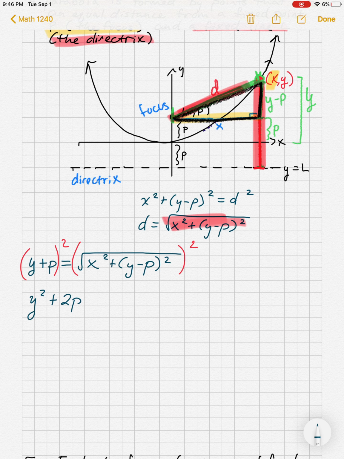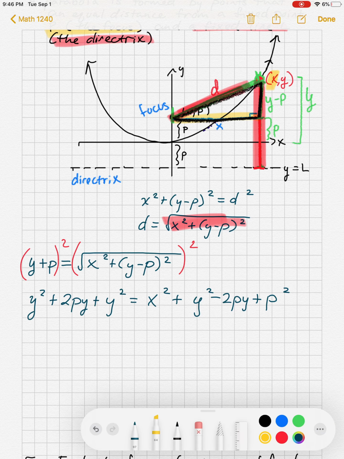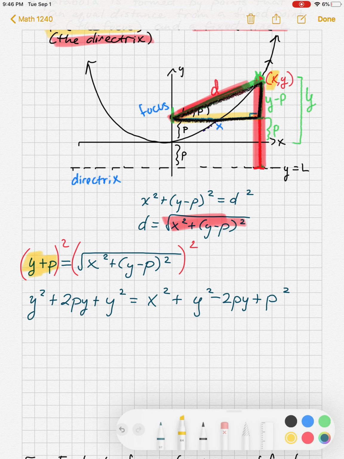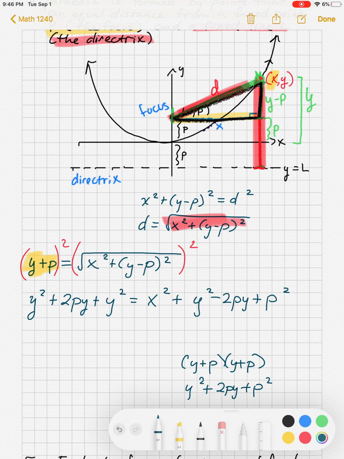So y squared plus 2py plus p squared, and then I have to do a FOIL: y squared minus 2py plus p squared. I think I have a mistake. Let's double check, I'm always double checking. I'm squaring y plus p. Let's make sure I did that right. I think that's where I made a mistake. It should look like this.